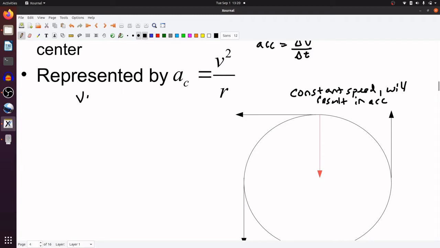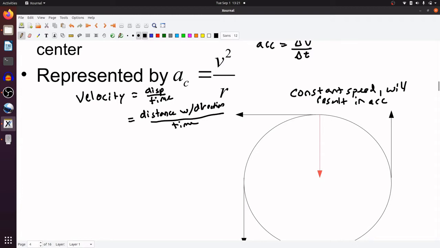Now, remember that velocity is the displacement over time. And that the displacement is just basically distance with direction over time.